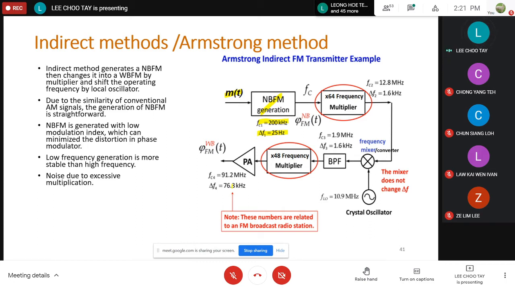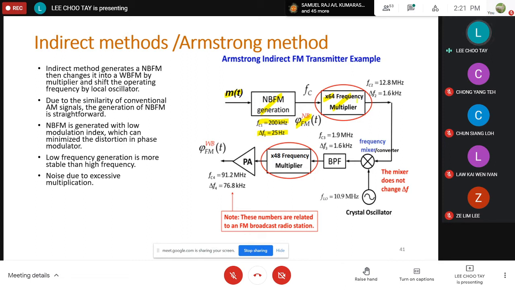Yeah, and then this narrowband FM signal is passed through a frequency multiplier that multiplies the carrier frequency by 64 times and also multiplies the frequency deviation by 64 times.